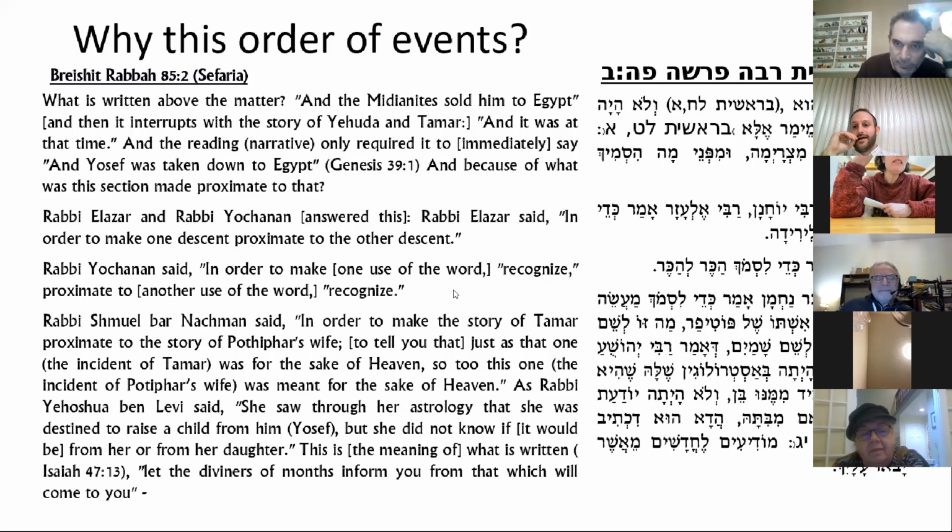Even if she was looking at her astrology. Agreed. I'm not saying that, this is what he says. This is Rabbi Shmuel saying that there was proper intent. For other possible justifications for Potiphar, I have an interesting midrash on that, which if you stick around, I'll say at the end. It's a little crazy.